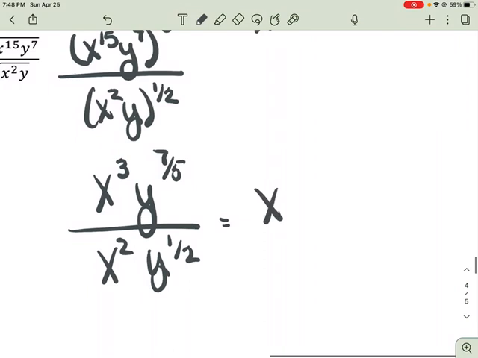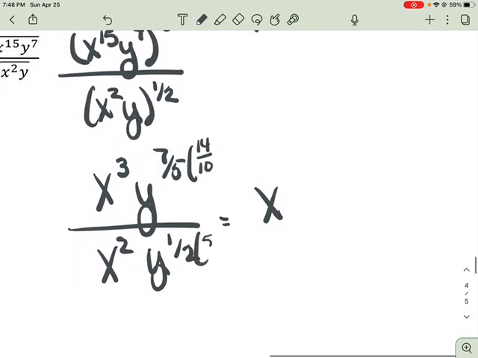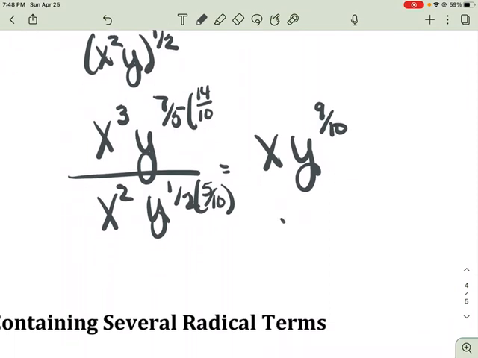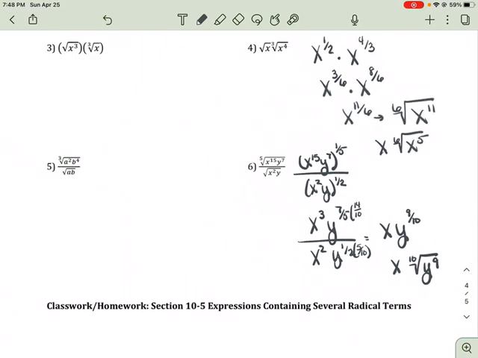Okay, subtract your exponents, so we get x. All right, we've still got to do 10, so this is 14 over 10. This is 5 over 10. So that's going to give me y to the 9 over 10. I think, yes. Okay, so you're going to get x 10th root of y to the 9th.